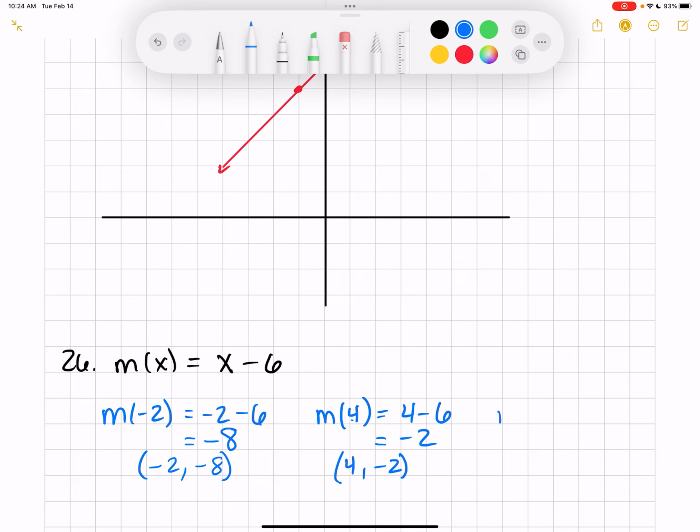And one more. Three? All right, so m of 3. So 3 minus 6 is what? -3. So this point is 3, -3.